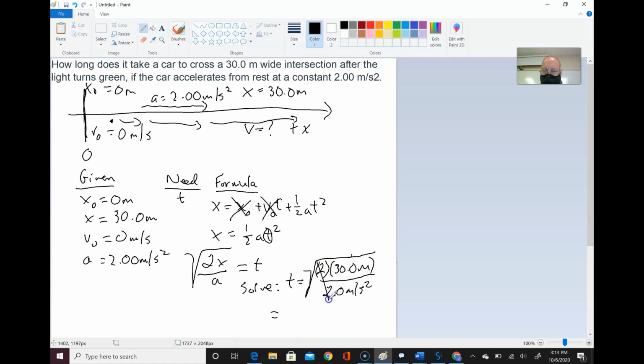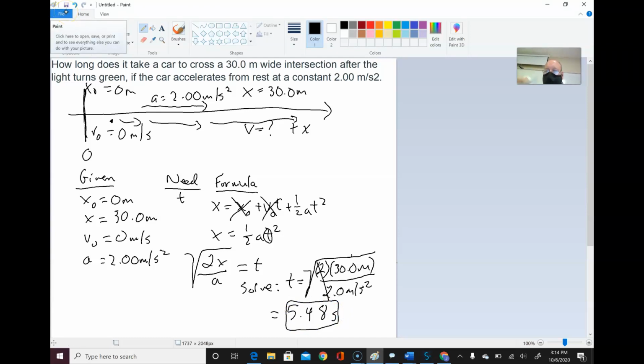And time will now be, and those 2's will cancel out, and so I'll have the square root of 30. And that will give me 5.48 seconds. Okay, and that solves that problem.